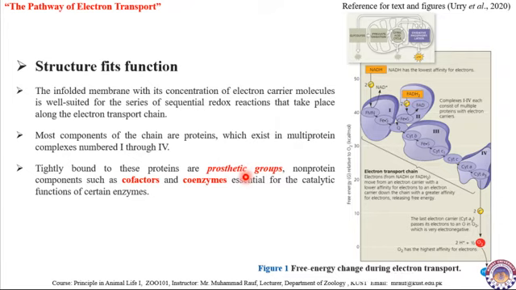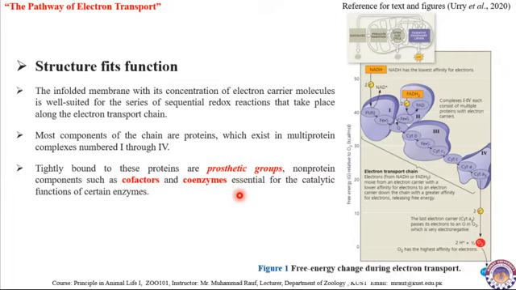Now, the prosthetic group may be an organic molecule such as vitamin, sugar, or lipid, or it may be an inorganic molecule such as metal iron, but it is not composed of amino acids, meaning it is not a protein in nature.